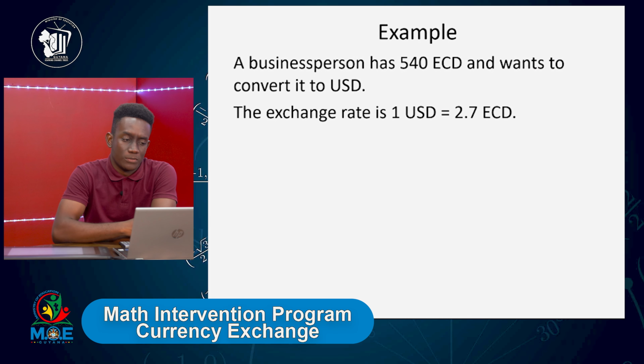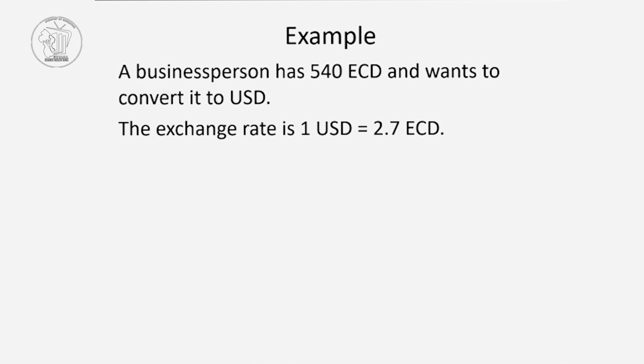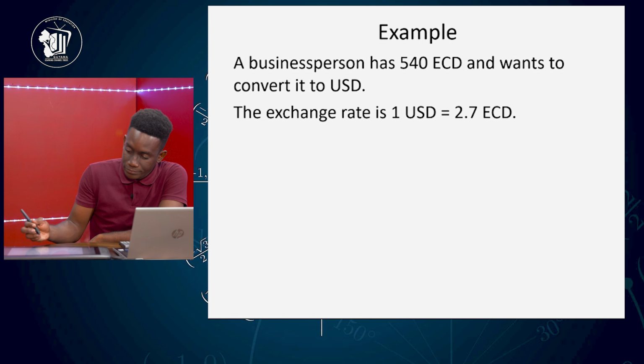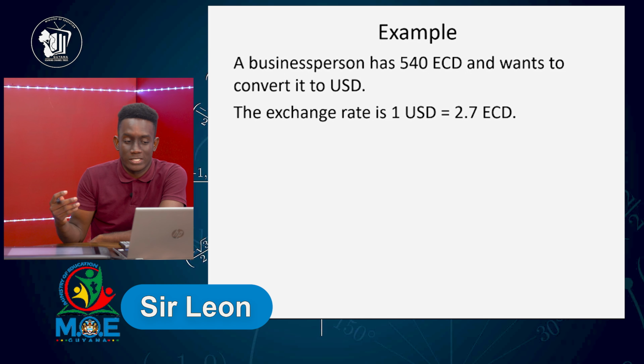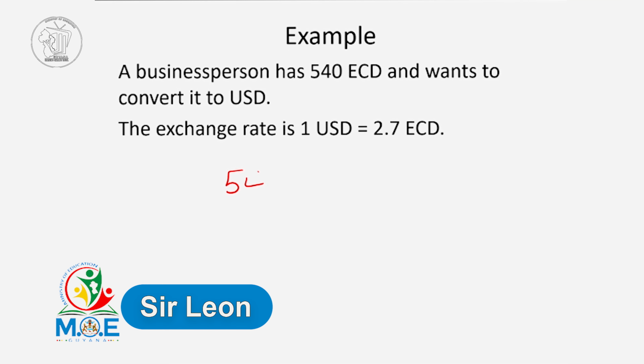Let's look at another example. This one says a business person has 540 EC and wants to convert it to US dollars. The exchange rate is 1 US is equal to 2.7 EC dollars. So we're converting now from EC to US, so from small to large, this will be $540 divided by 2.7.